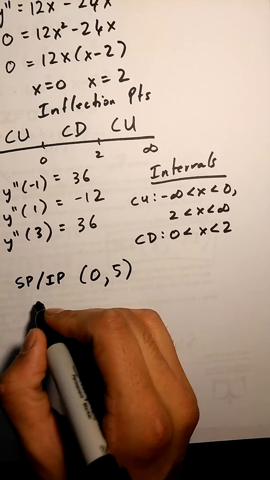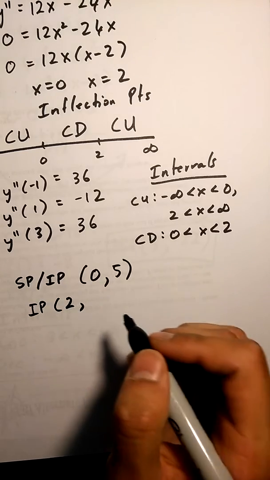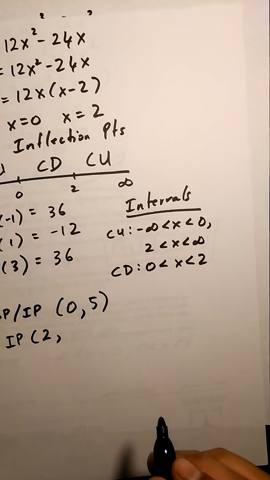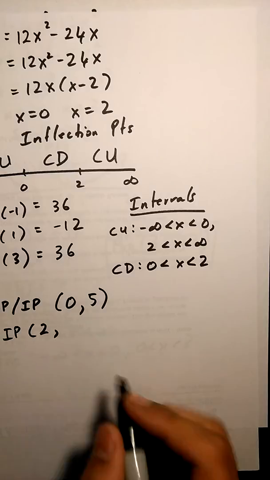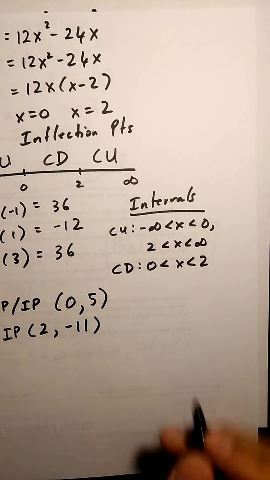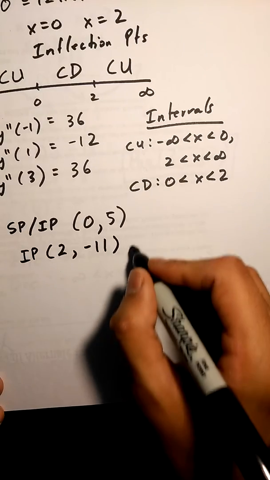And then we just have an inflection point at 2, negative 11. So once we have our points, we can sketch them out again.